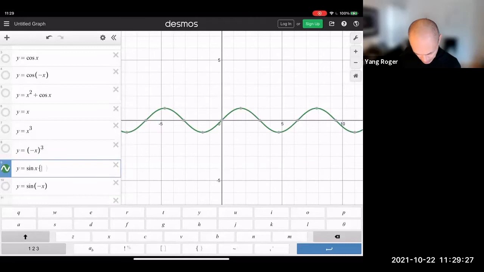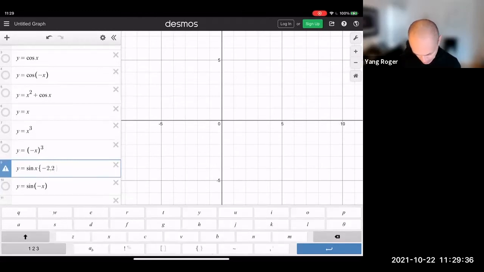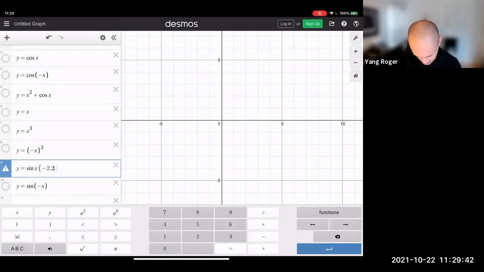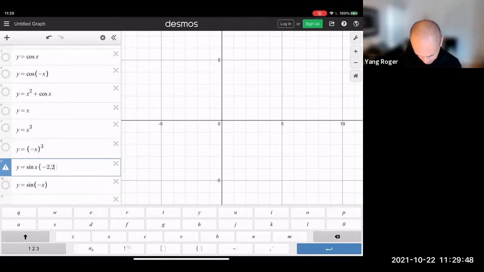So I got this thing. I got -2, comma 2, and then I got to close that off. How do I get the right brace?